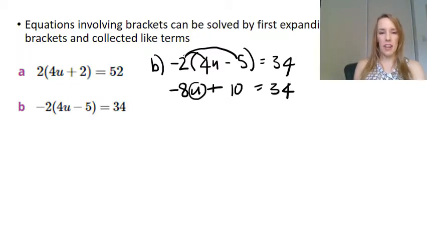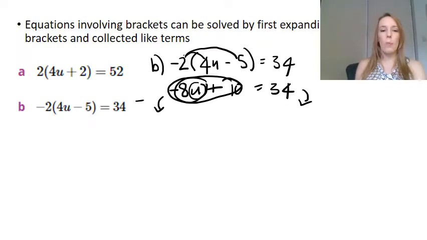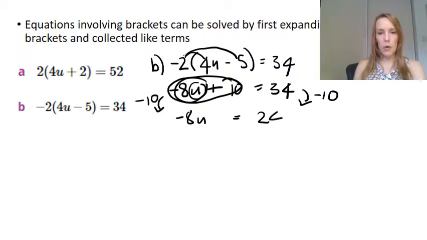So again, we're going to use that onion method to try and get to our value of u. The last thing we did to the u was we added 10. So the opposite of adding 10 is subtracting 10. So we're going to subtract 10 from both sides. So -8u equals 24.